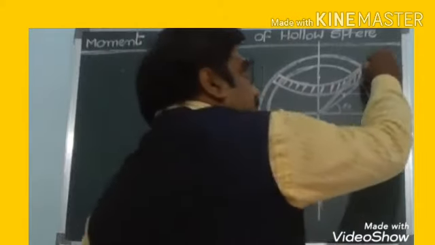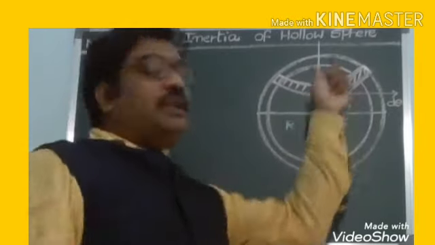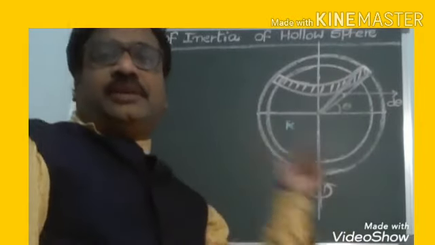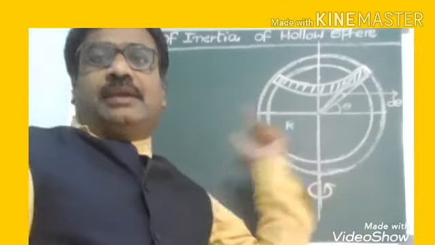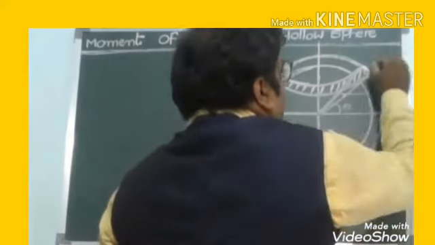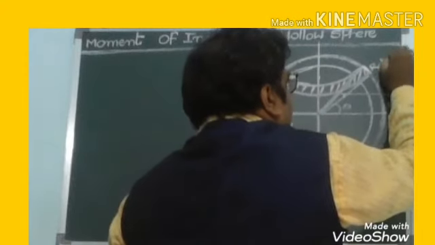Now the width of the unit cell of spherical ring looks like the length of an arc. Length of arc, according to circular properties, is the product of radius and the angle made. Radius means r and angle is d theta.